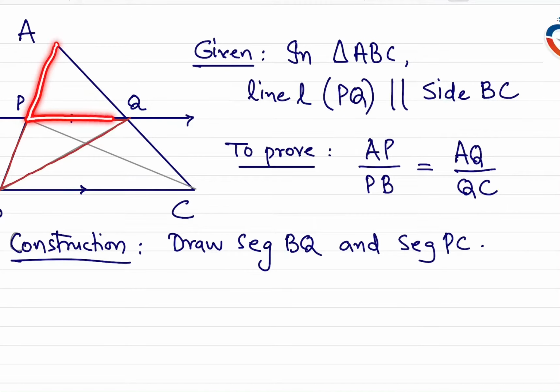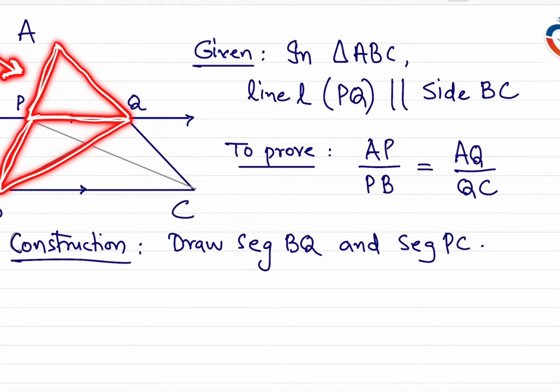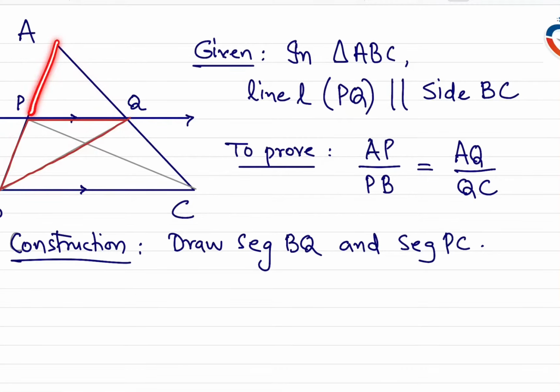Can you see these two triangles? If you look at these two triangles from this side, then the bases lie on the same line and they have a common vertex Q. So the heights are equal.